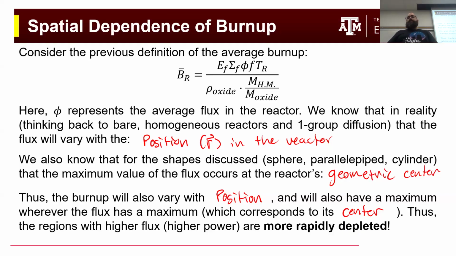It also allows us to keep our power profiles more flat. You don't want the power to vary considerably as you go across the width of your reactor because from an engineering perspective, it's more stress on your components to have temperature gradients. And so if you have a more uniform flux profile, you have a more uniform temperature profile, and that allows for your reactor to operate longer without having to do maintenance on it.